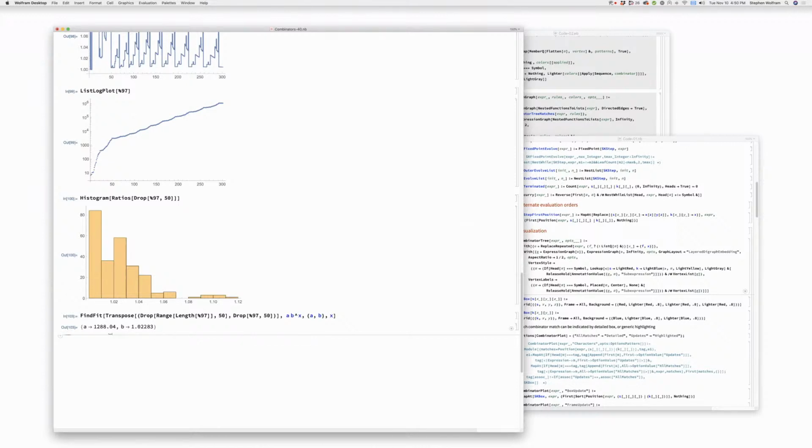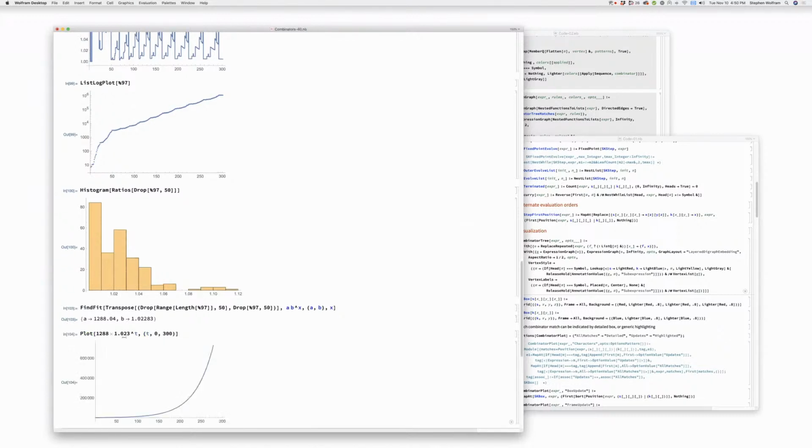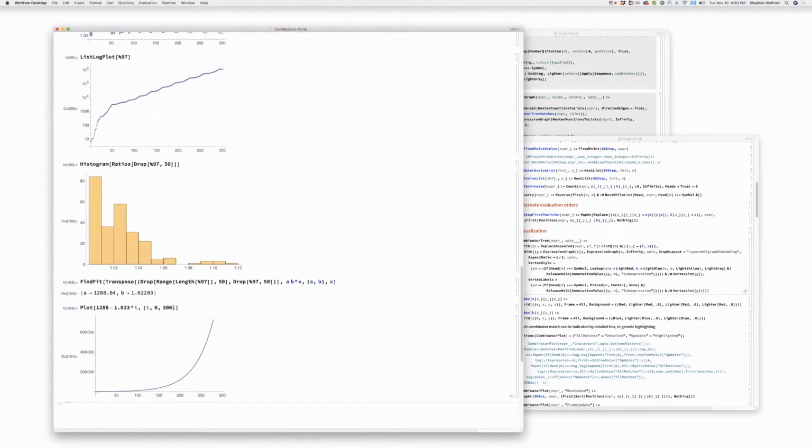Okay, so this is saying it's, so let's plot 1288 times 1.023 to the t, where t goes from 0 to 300. And then let's say... I predict you need to add plus C. Oh, actually, hold on, maybe not.